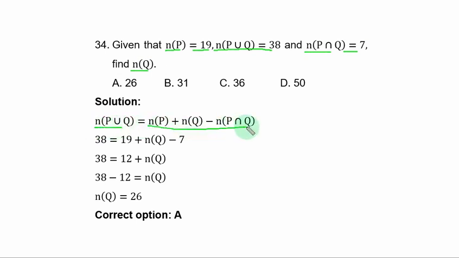So you replace the various parts with what they stand for. If you simplify the right hand side, you get this result. To get the number of elements in set Q, you have to transfer 12 to the left, and you have 38 minus 12. The number of elements in set Q becomes 26. A is the correct option.